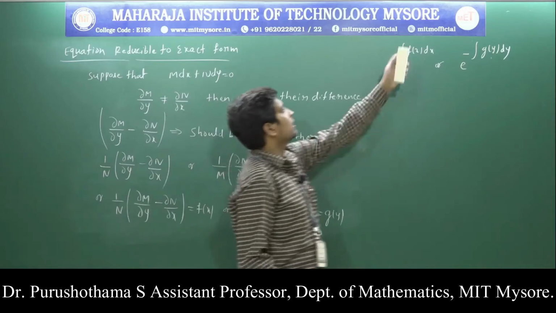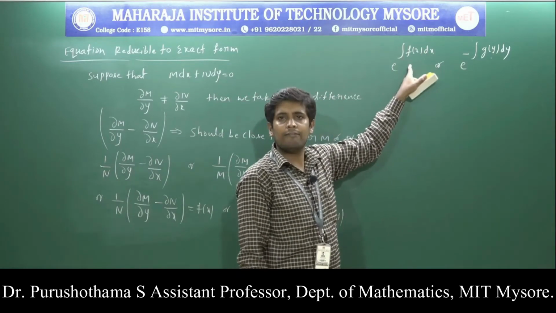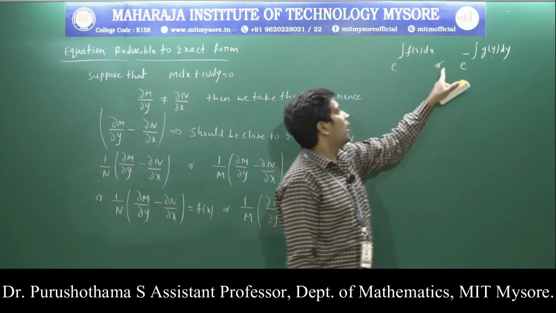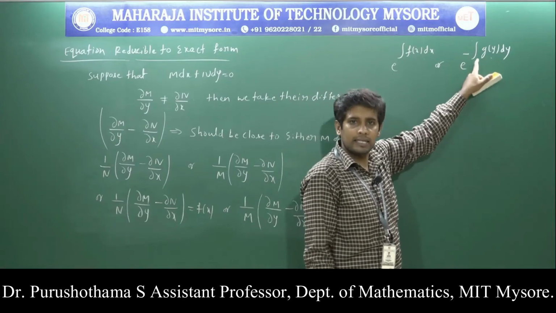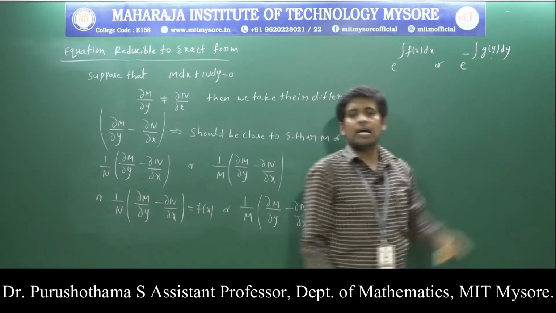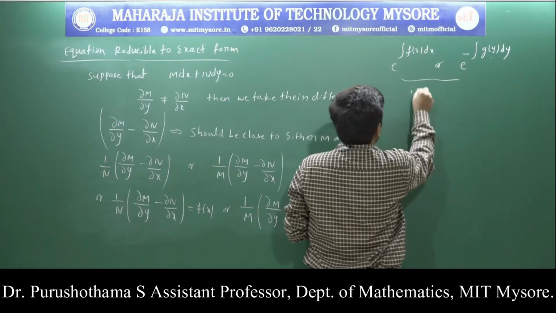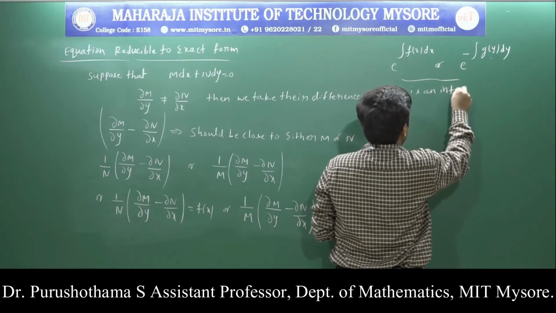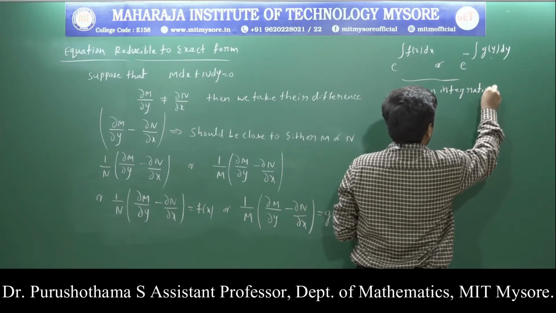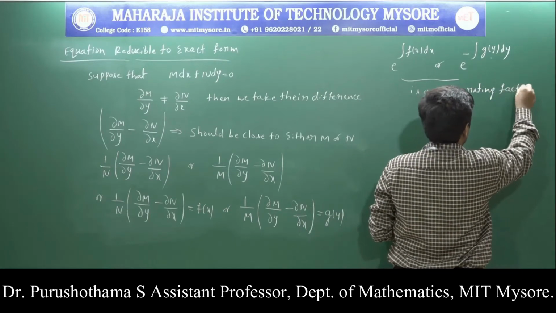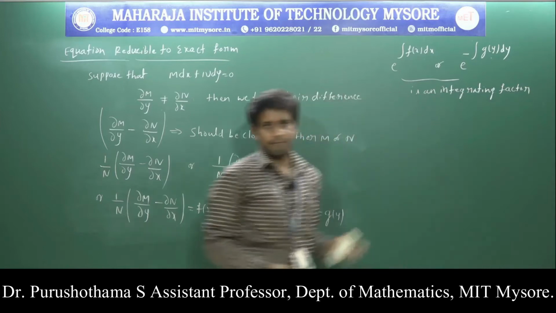In the next line, e power integral of f of x dx, or e power minus integral of g of y dy, is an integrating factor. These two are integrating factors.